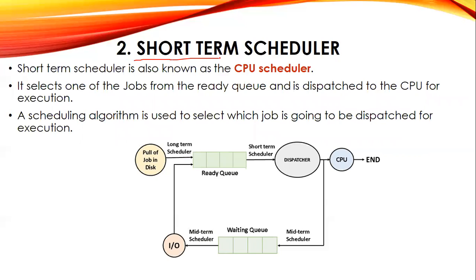The short-term scheduler is known as the CPU scheduler. It selects one of the jobs from the ready queue, and it is dispatched to the CPU for execution. This is the task of the short-term scheduler, and it is so-called the CPU scheduler.